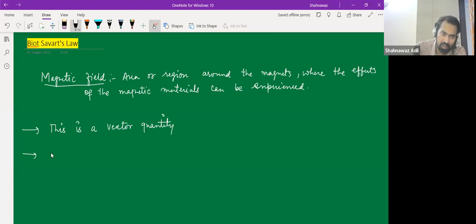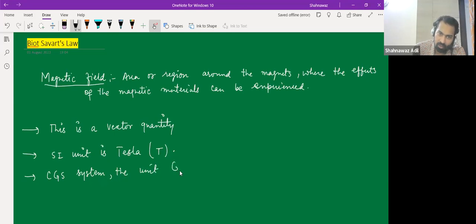The SI unit is Tesla, which is denoted by T. In the CGS system, the unit is Gauss.